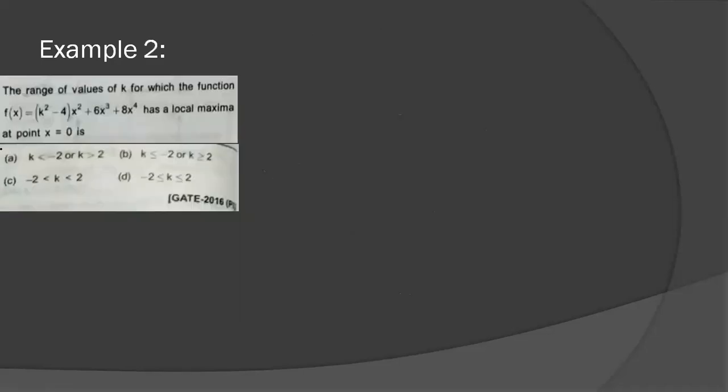The second problem is a very important problem and one of my favorites. The range of values of k for which the function f(x) = (k squared minus 4)x squared plus 6x cubed plus 8x to the power 4 has a local maximum at x equal to 0. The point is given, the nature is given, you have to find the value of k.